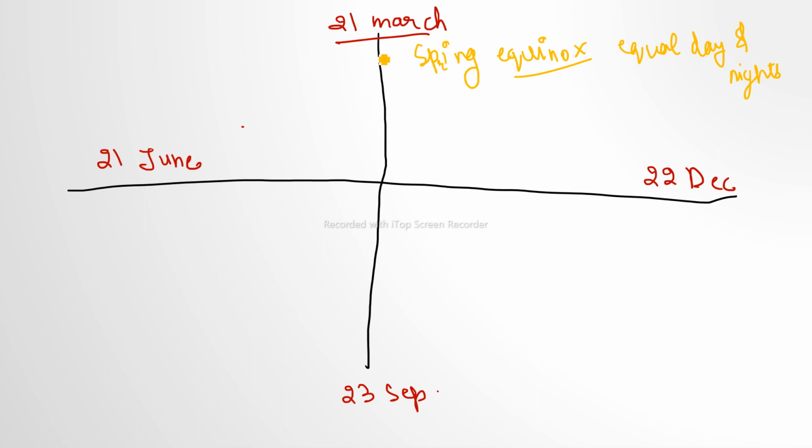Then I'll come to this extreme. This is the sun here. I think I should have told you that earlier. This is the sun here, so accordingly this is how the phenomena happen.